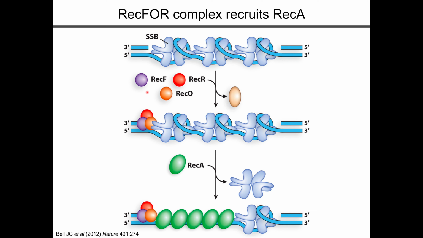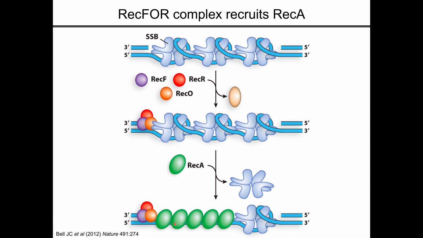And so a complex formed by RecF, RecR, and RecO, sometimes referred to as the RecFOR complex, is going to bind at the single-stranded double-stranded junction. And that's going to recruit the protein RecA, which will then bind near the RecFOR complex at the single-stranded double-stranded junction.